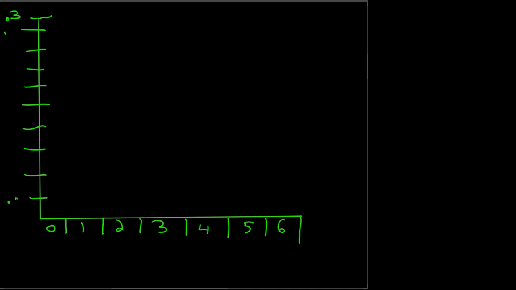These should go up by 0.03, 0.06, 0.09, 0.12, 0.15, 0.18, 0.21, 0.24, 0.27. And so there's my probability axis. My first one is 0.040, so right in here.